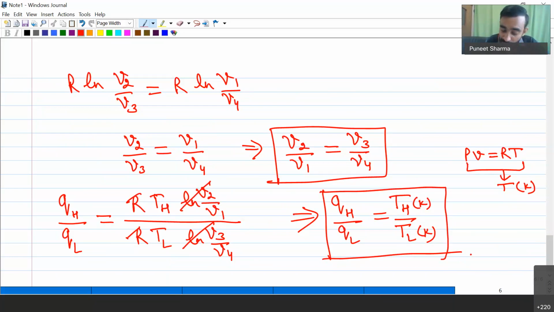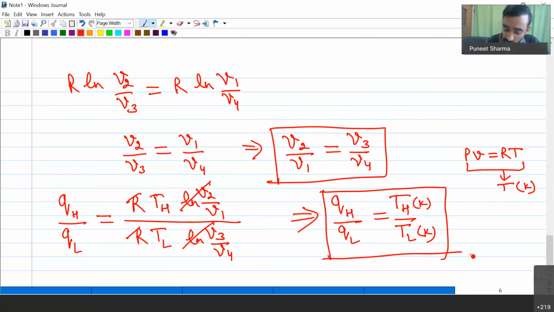Now over here we have QH by QL equal to TH in Kelvin scale divided by TL in Kelvin scale, while we have considered the working medium as our ideal gas. So from this formulation also, we get that the ratio of QH by QL is equal to the corresponding temperature ratios in Kelvin from where heat transfer is taking place.